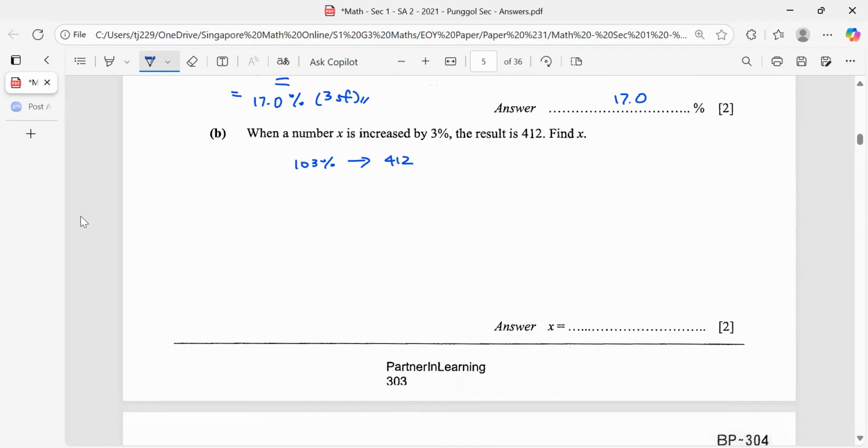In order to find x means that we need to find 100%. So 1% will be 412 out of 103. And finally, 100% would be to multiply this fraction 100 times over. So we will end up with 400.